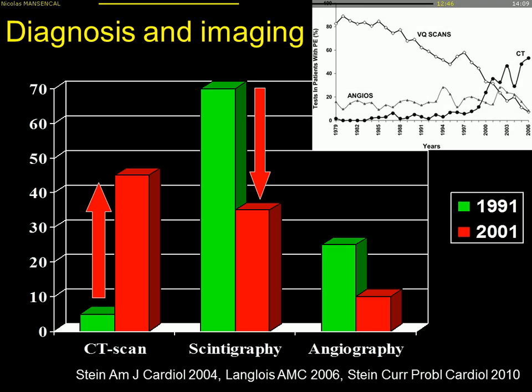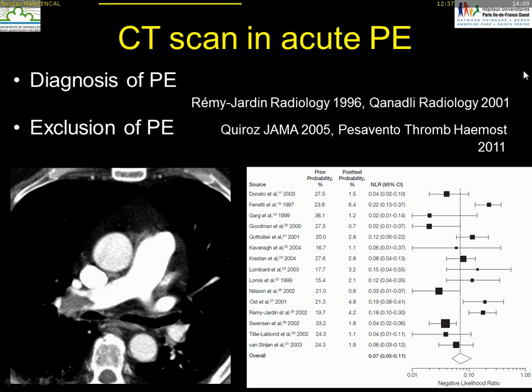And in a more recent article, there is the same finding with the examination of choice being CT scan. Why is CT scan now so important in routine practice to perform the diagnosis of PE? This is an accurate method for the diagnosis of PE, but it is also very important to exclude the diagnosis of pulmonary embolism.